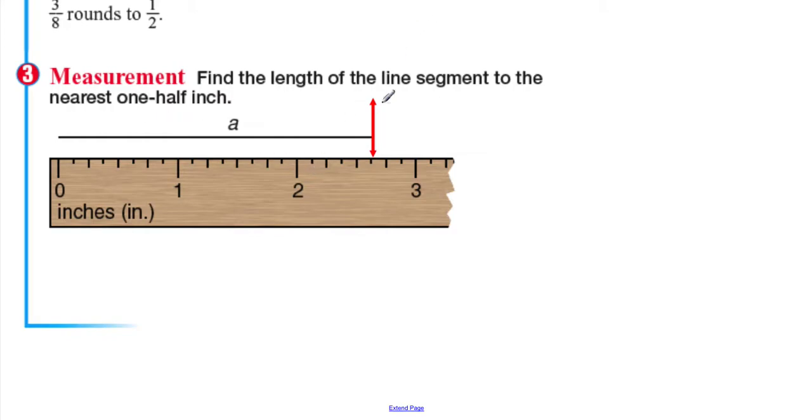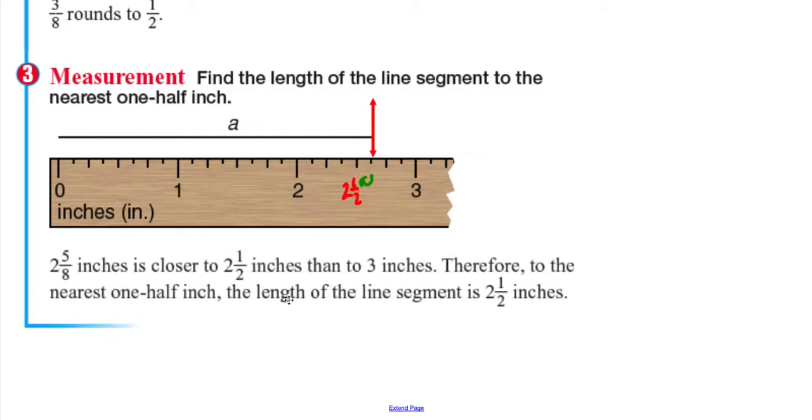Let's look at our ruler here. This is 2 inches, and this is 2.5 inches right here. If you notice, this measurement is closer to 2.5 than it is to 3. Therefore, to the nearest 1/2 of an inch, the length of the line segment would be around 2.5 inches.